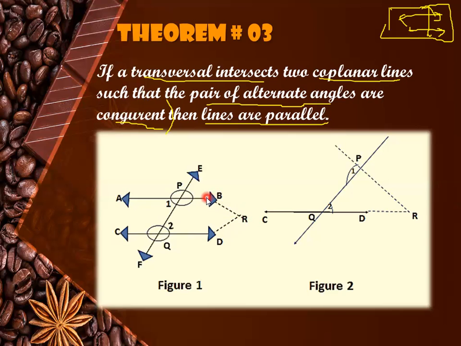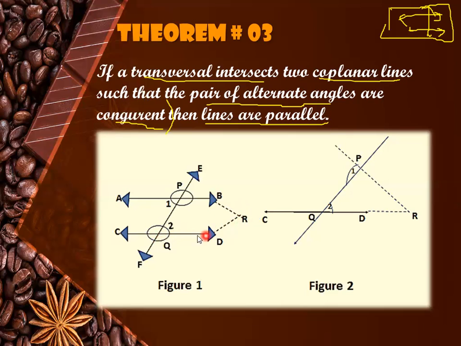If they are not parallel, then obviously they will meet at one point, and that point is R. If the given lines are not parallel, they will meet at some point, and that point will be R.